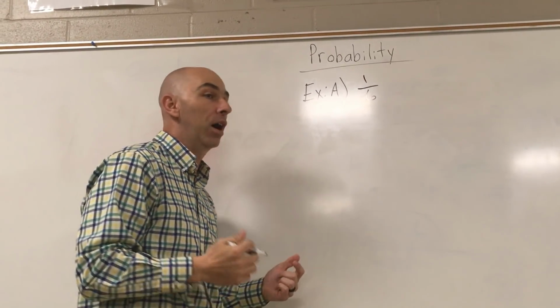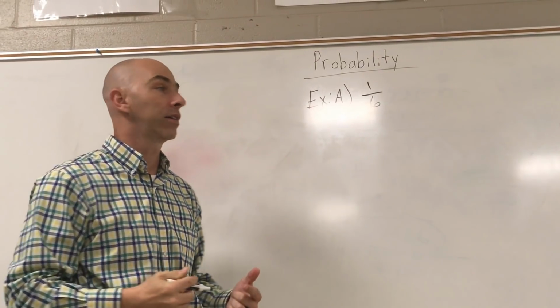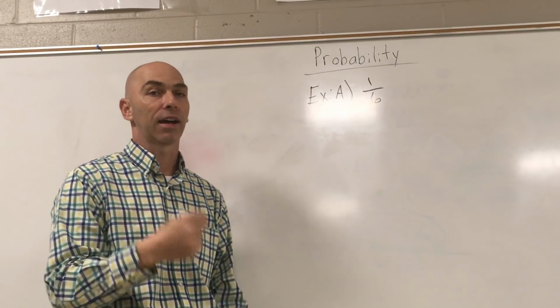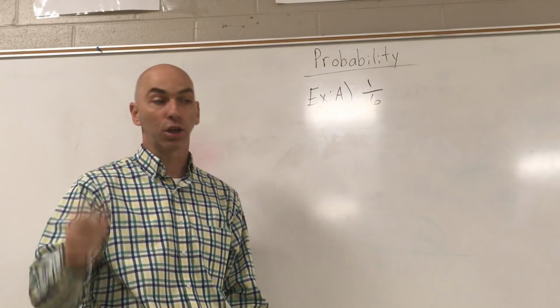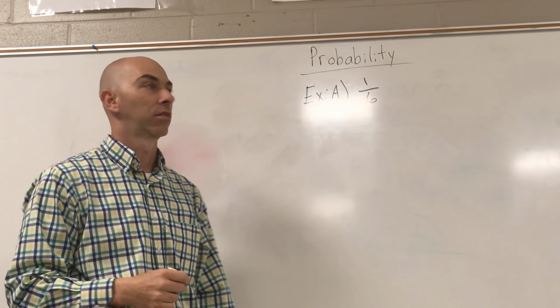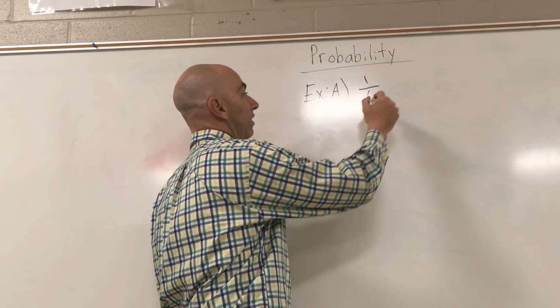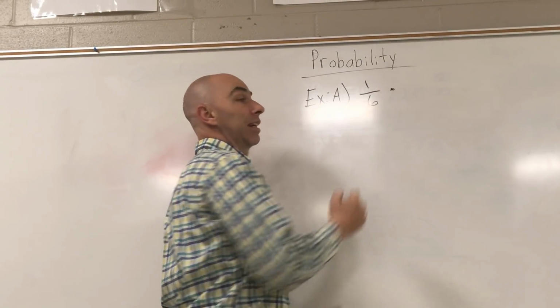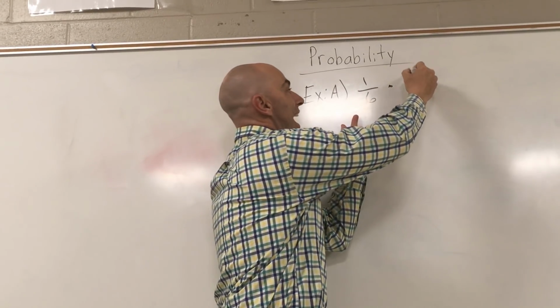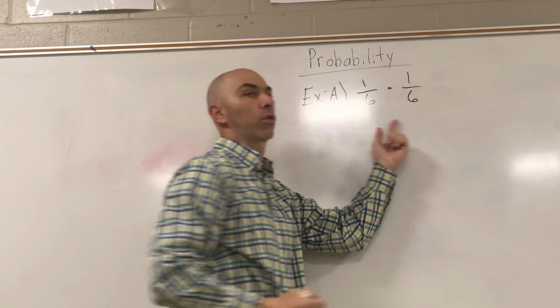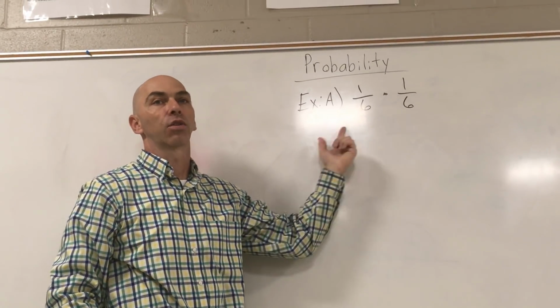Now, what's the probability of me having a pair of die and rolling a 2 and a 2? That's going to be 1/6 for the one 2 times 1/6 for the other 2. So you've got to multiply it.